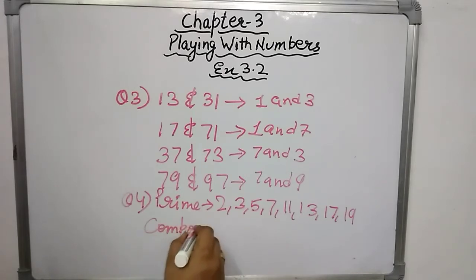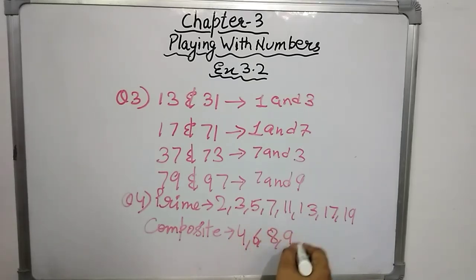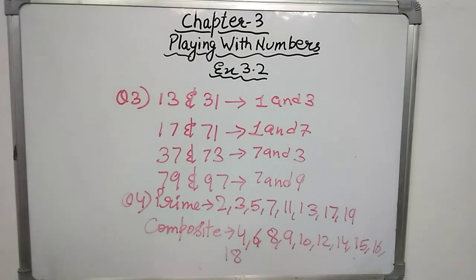Rest we need to write as composite numbers. All other numbers will be composite numbers. We will not write 1 here because 1 is neither prime nor composite. So we will start with 4, 6, 8, 9, 10, 12, 14, 15, 16, 18. These are the composite numbers less than 20.